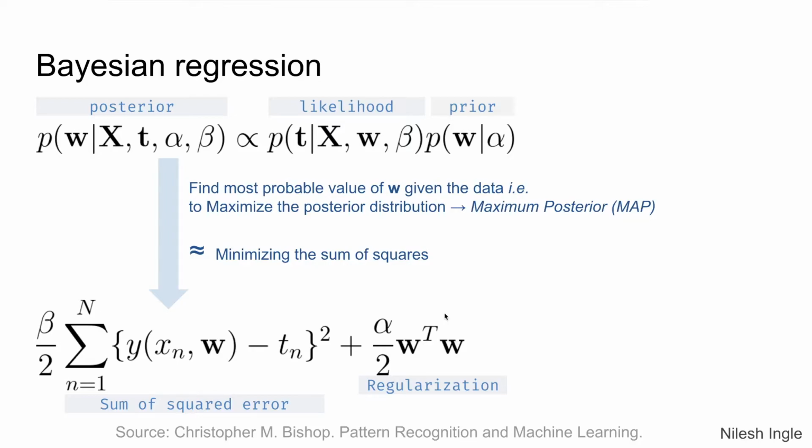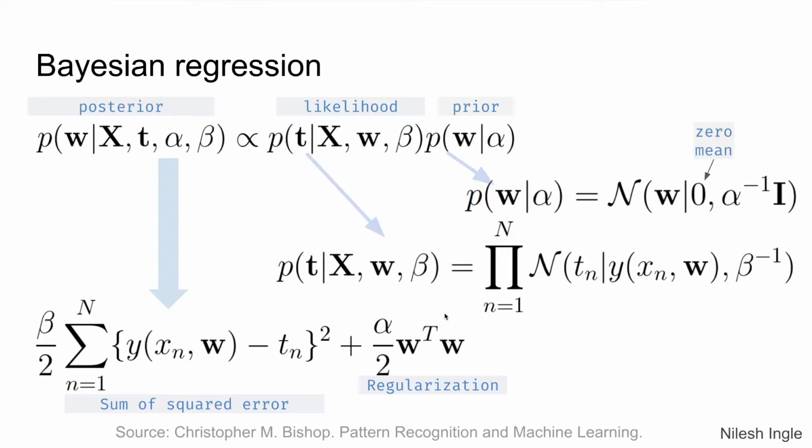Now moving on, let's look at what these parameters likelihood and prior indicate. So here the prior is based on a normal distribution with a zero mean as shown here, and we have the variance. Now for likelihood, it is the product.